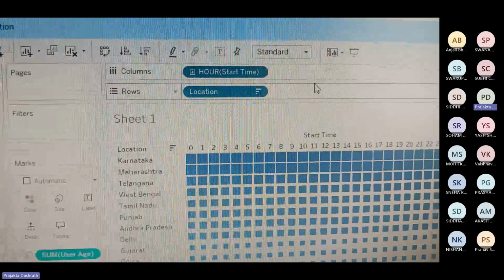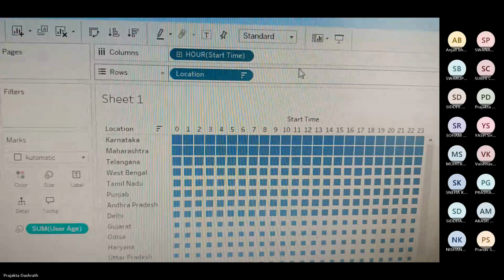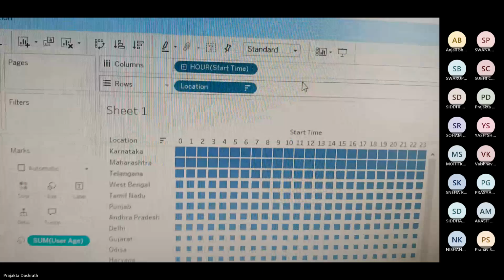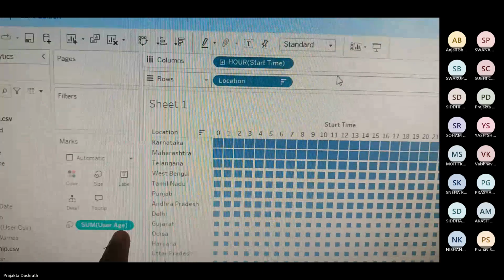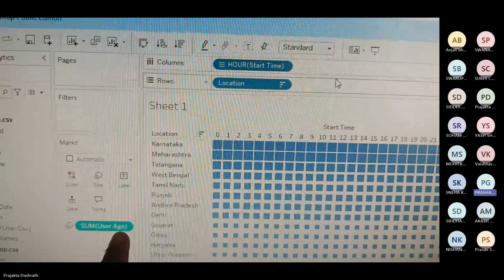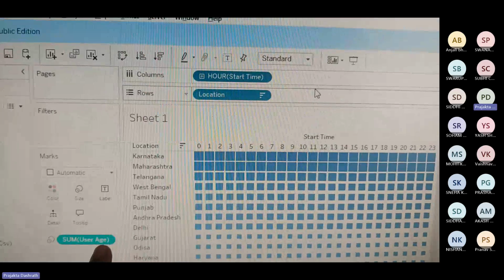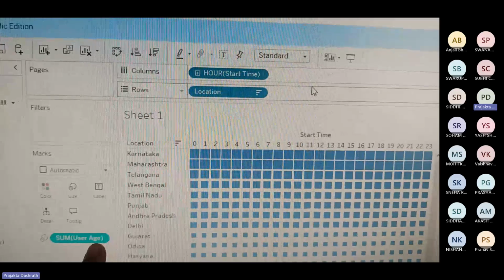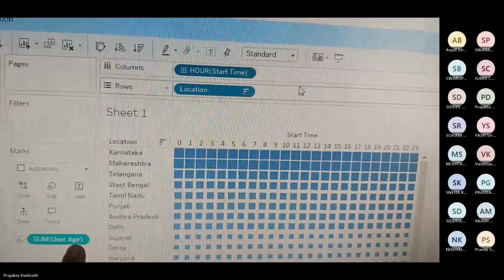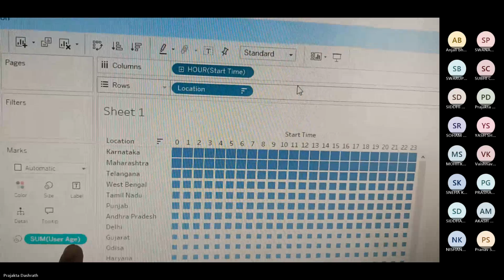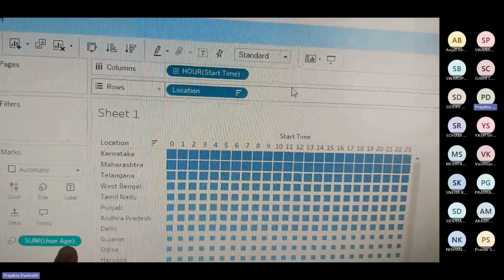Try to observe the screen. Start time, location and time, ma'am. Start time you already told. Location you already told. Third column is age. Age. Done? Shall we proceed?